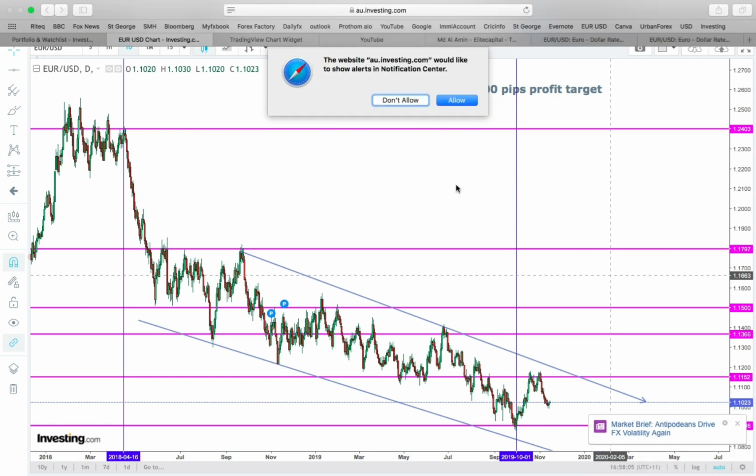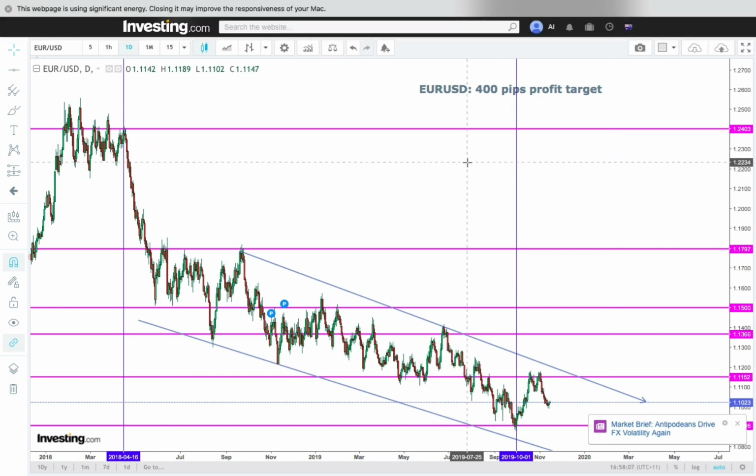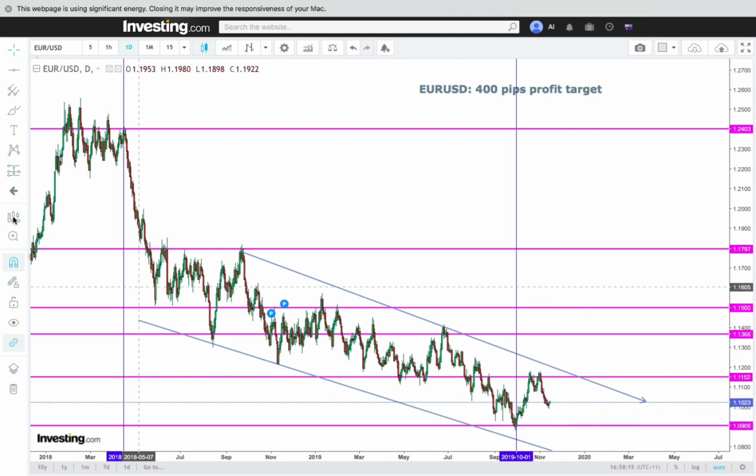Okay, so what I'm going to say is that, the way the current market is right now, according to my analysis, the market is going to run about 400 to 500 pips.